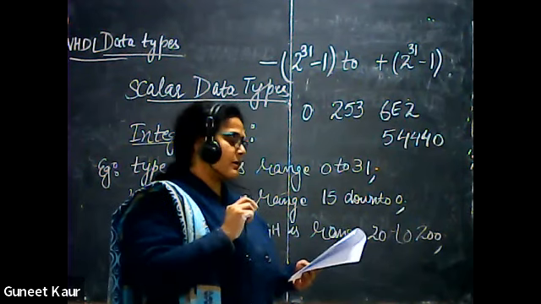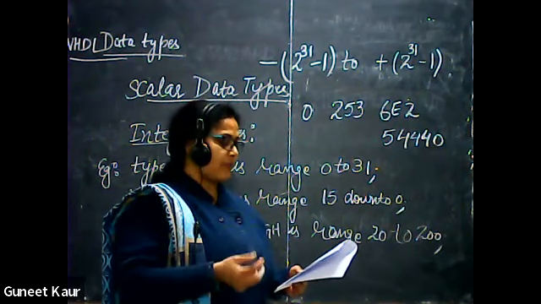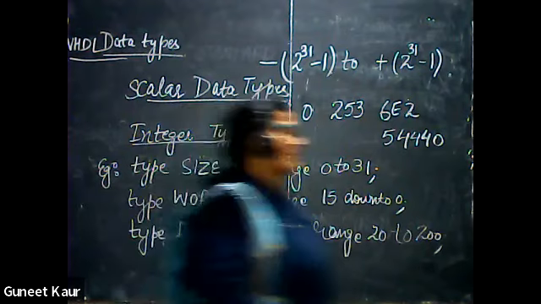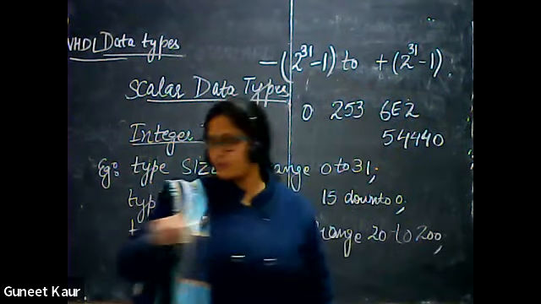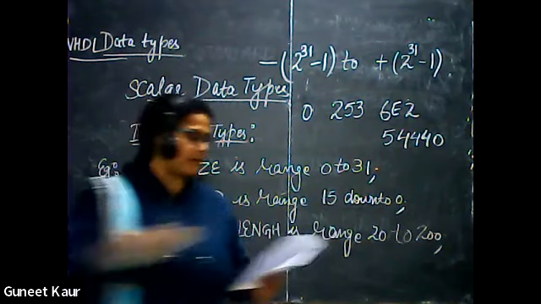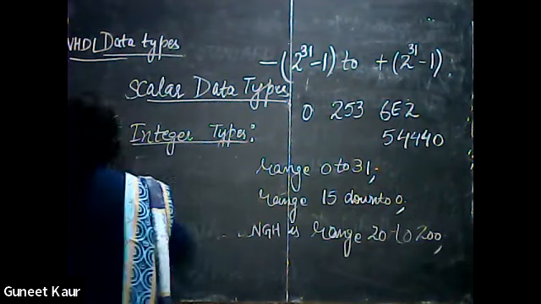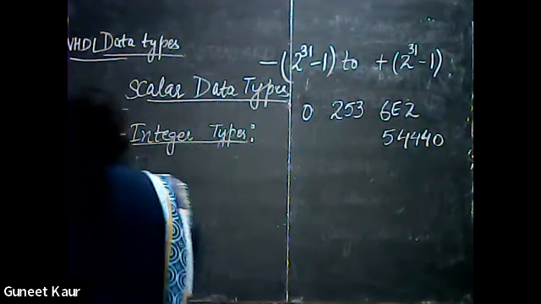Okay. So some of the object declarations using these types can also be shown with an example. Let us suppose I am writing the example constant. We can use the data object constant type.